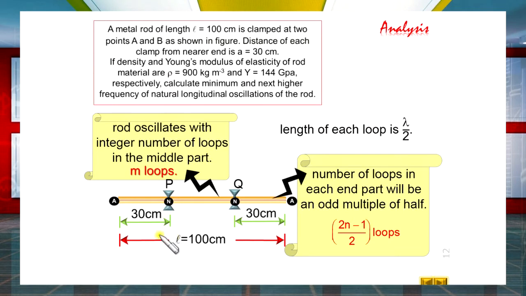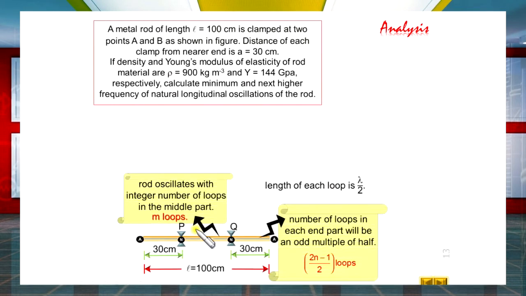So let us do one thing. Let us place this diagram again on the next page like this. Okay. And let us first analyze this part, that is PQ part. As we know, this has the similar end condition, and similar end condition has an integer multiple of loops, that is m loops, and each loop has length lambda by 2. That means m multiplied by lambda by 2 should be equal to L, the total length, and this a is the hanging part, and here is also a.